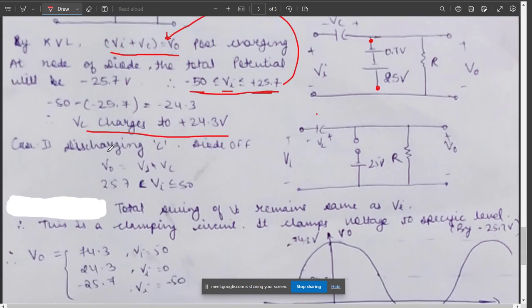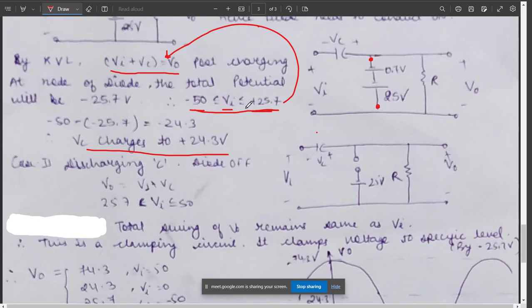Now when will Vc discharge? In the previous case our Vi was going from minus 50 to plus 25.7. In this case our Vi is going from plus 25 to plus 50. So how is our capacitor getting discharged?